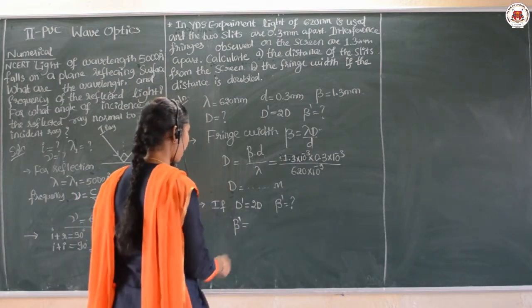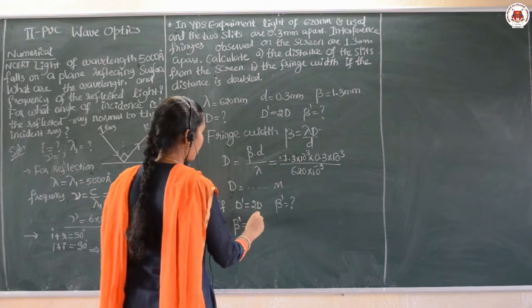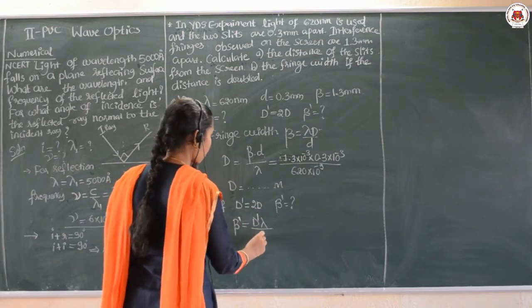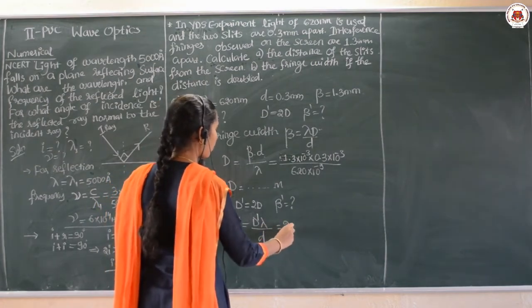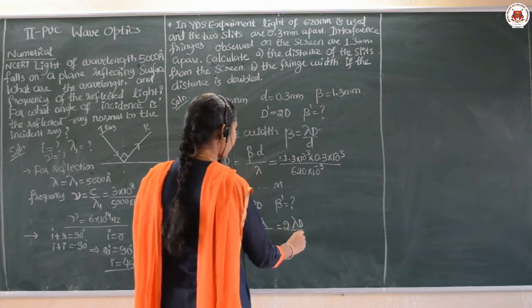Let us calculate that. Beta dash is equal to lambda D dash upon small d. This is equal to 2 times lambda D upon small d.